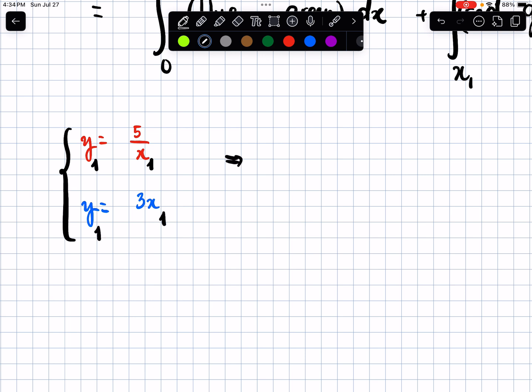This gives us y1 x1 equal to 5. From the first equation, the second equation gives us 3 times x1 equal to 5. This means x1 squared equal to 5 divided by 3.